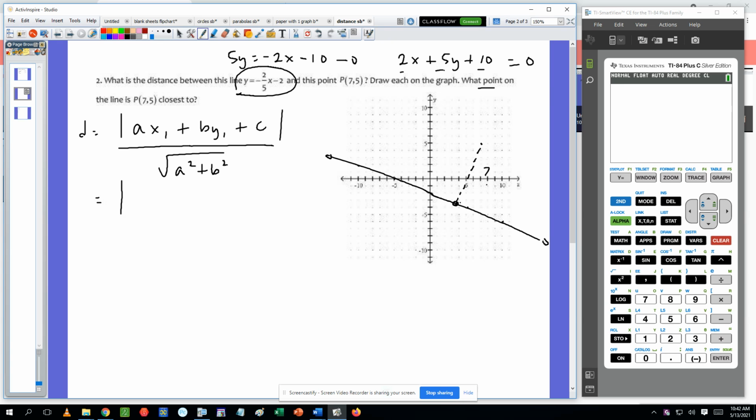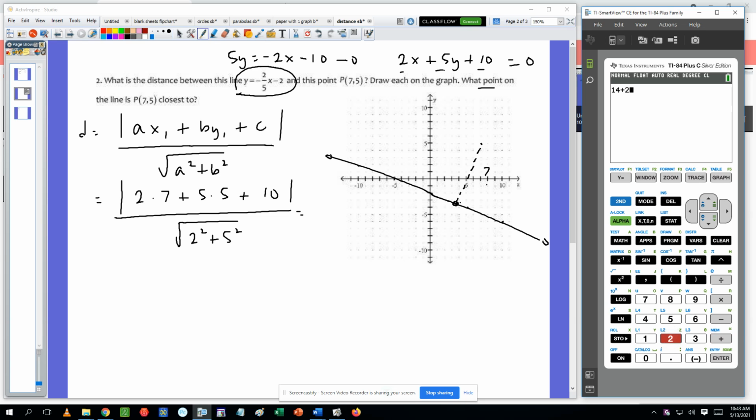So the absolute value of 2 times the x plus 5 times the y plus 10. Just taking the equation and plugging the x and the y in it. Because I'm doing a distance, I do an absolute value divided by the square root of your A squared and your B squared. So 2 times 7 plus 5 times 5 plus 10.